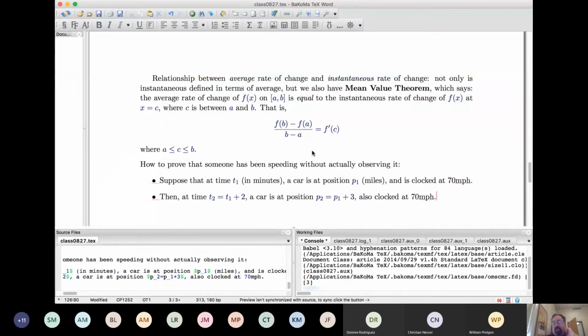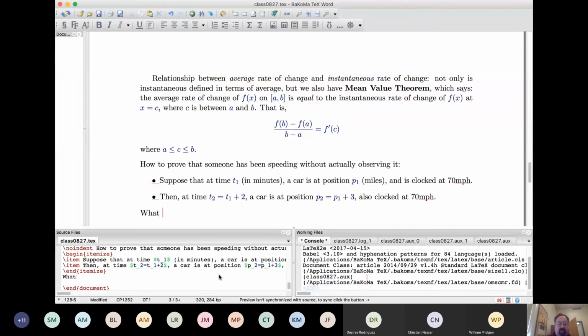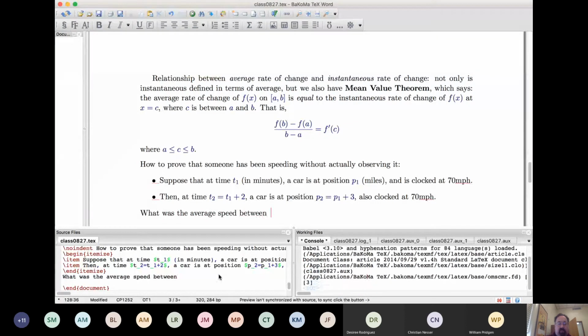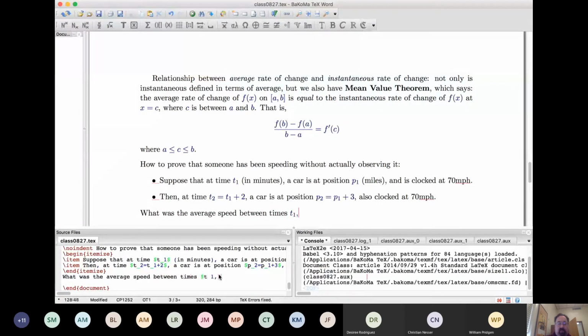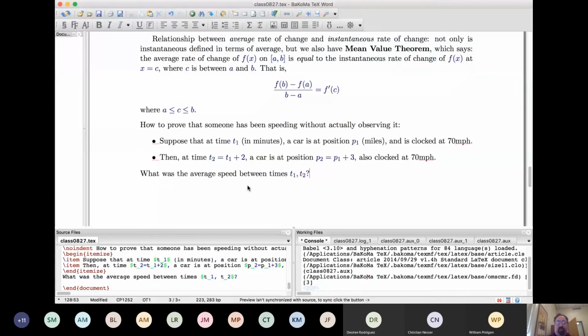Okay, so at these two times, T1, T2, the instantaneous rate of change is observed to be 70. So then we ask, what is the average speed between times T1 and T2?